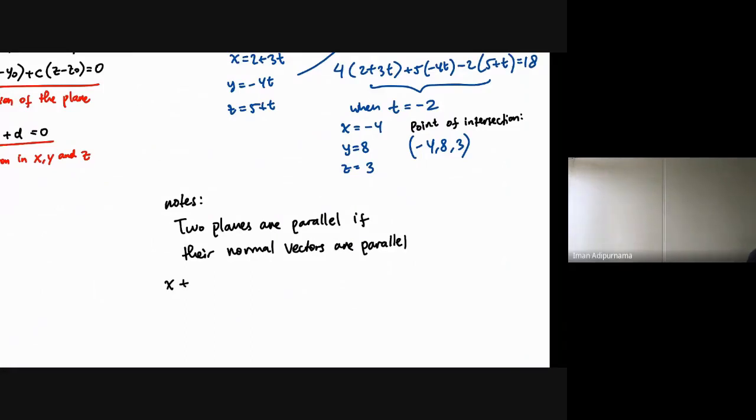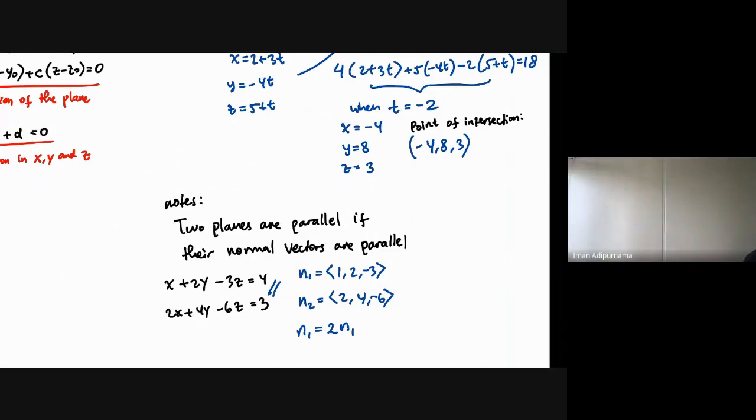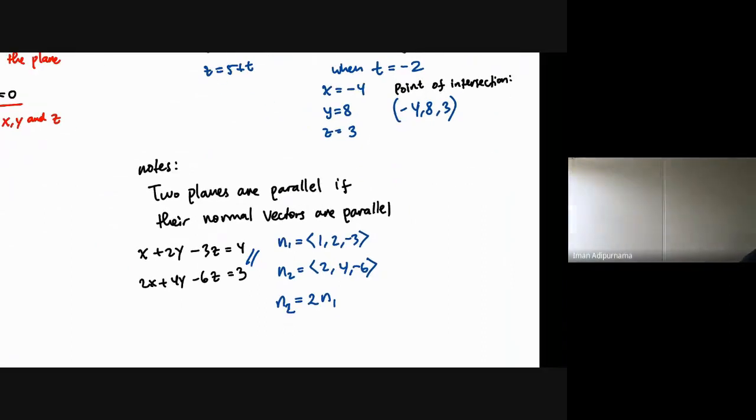For example, if you have x plus 2y minus 3z equal 4 and 2x plus 4y minus 6z equal 3, this is parallel because the first one has similar direction numbers in which you can relate n1 and n2. So you can check if the planes are parallel if the normal vectors are parallel.